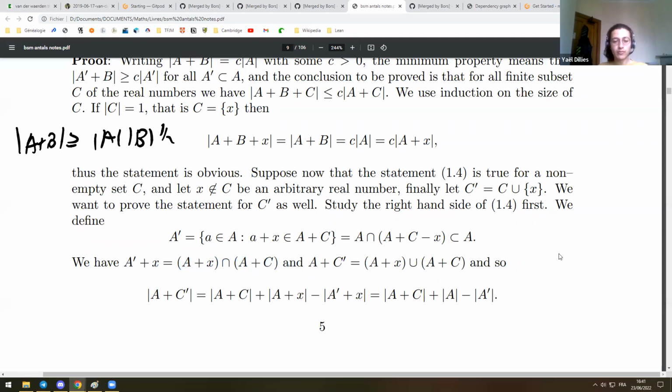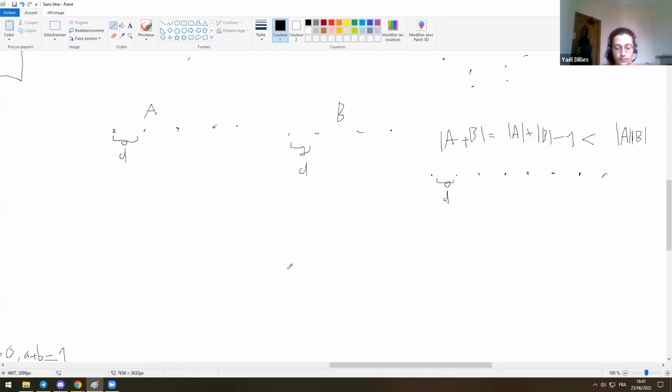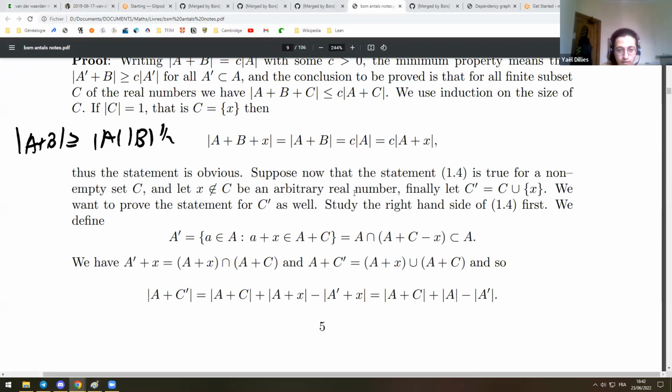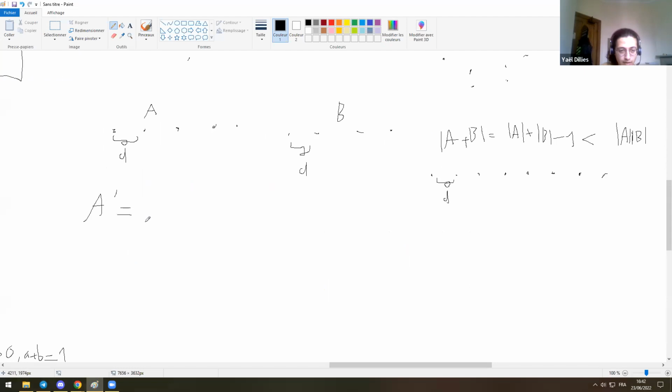Okay, so A prime is defined as A intersected with A plus C minus X. Okay.